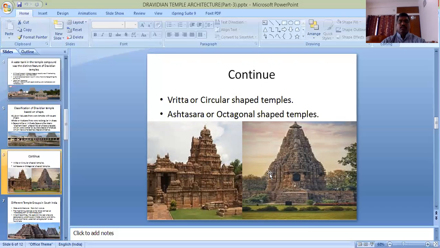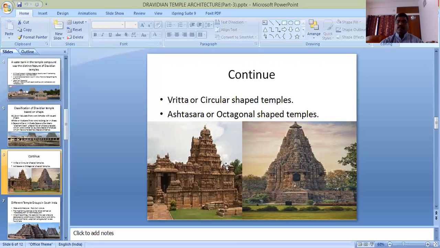Astasaro means octagonal shaped temples. Octagonal shaped temples are related with the special features of the Dravidian temple architecture.